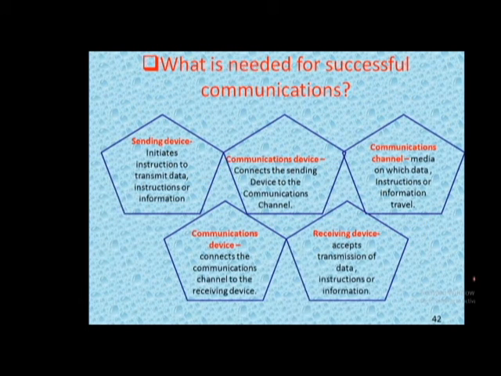What is needed for successful communication? Computer communication describes a process in which two or more computers or devices transfer data, instructions, and information.